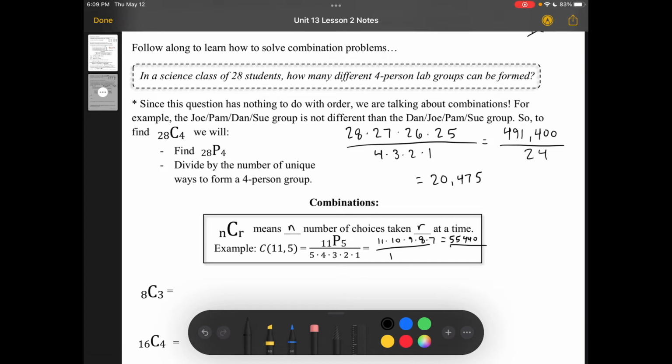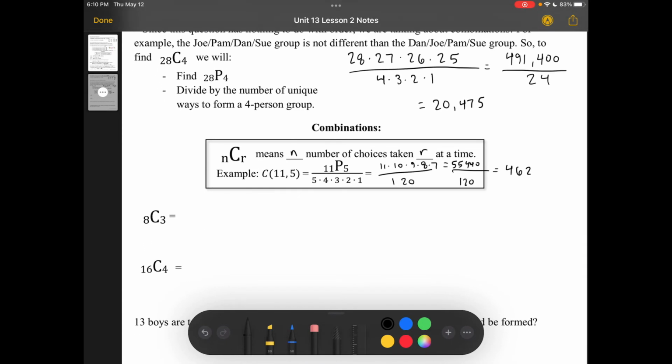So that's 120, and that gives us 55,440 divided by 120, or 462. So it's a much, much smaller number, depending on how the combinations fall.